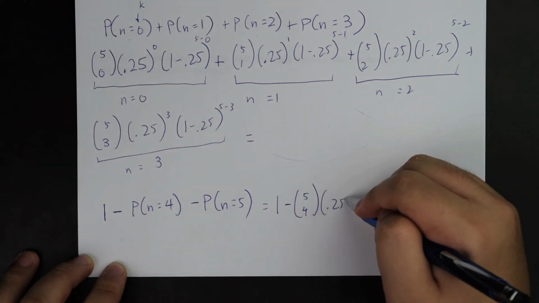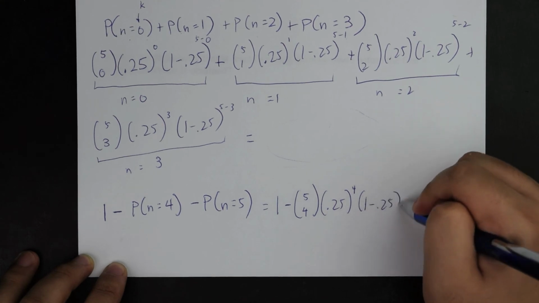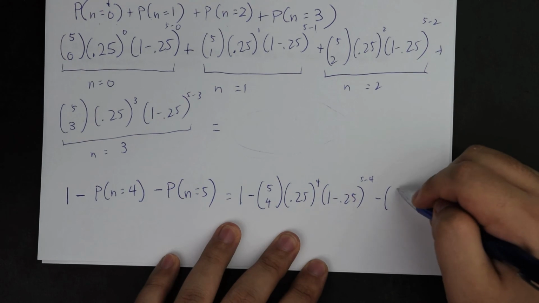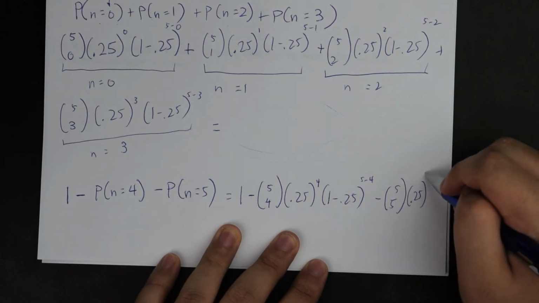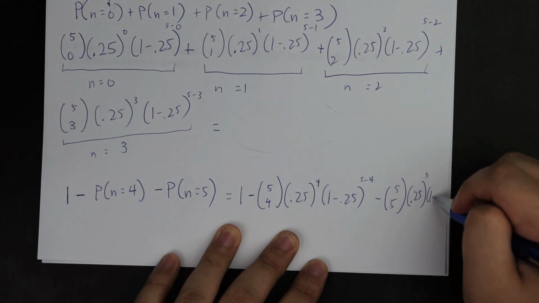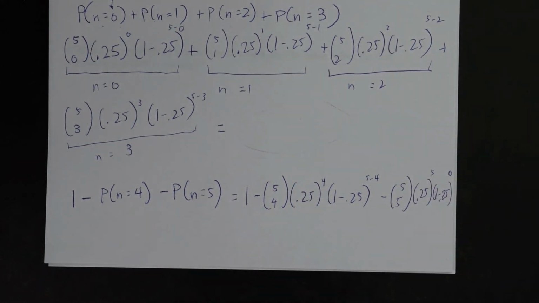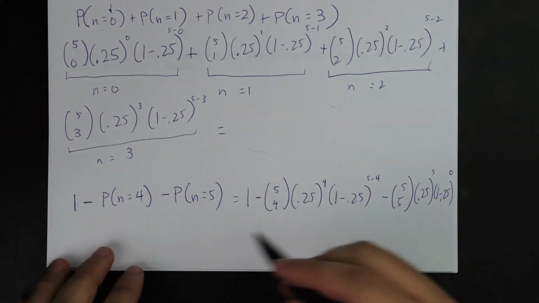So 0.25 to the 4th, 1 minus 0.25 to the 5 minus 4, minus 5, 0.25 to the 5, and 1 minus 0.25, I'm running out of space, to the 0. Okay, and I could calculate this and be aware that these two values will exactly be the same solution.